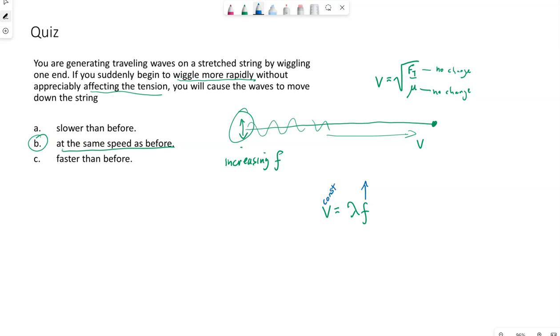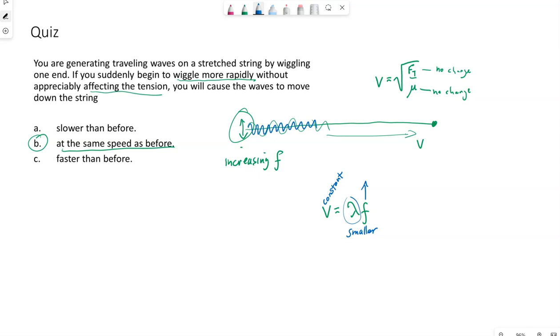The speed is staying the same because we haven't changed the tension, we haven't changed strings, so we have the same linear mass density. The result is that if the frequency gets bigger, the wavelength will get smaller. So the peaks we would see on the string would be closer together. That wavelength would be measured smaller.